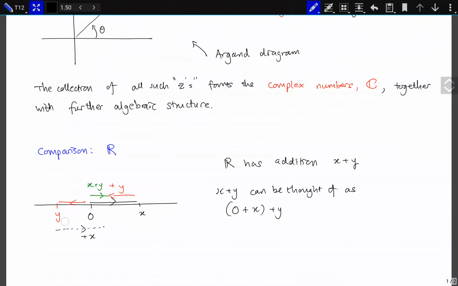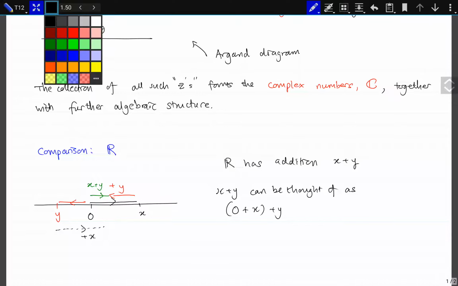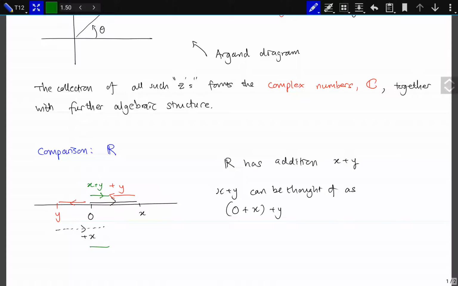This total sum still gives me x plus y, but this time it's y plus x. So what we've actually shown, just to remind you, with a geometric description, is that x plus y is equal to y plus x. So this is thinking about addition in terms of translations.